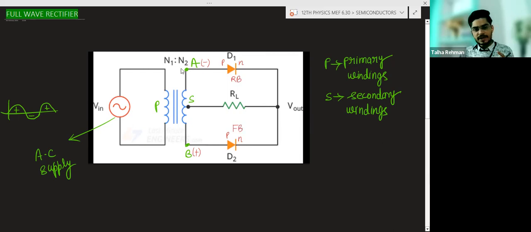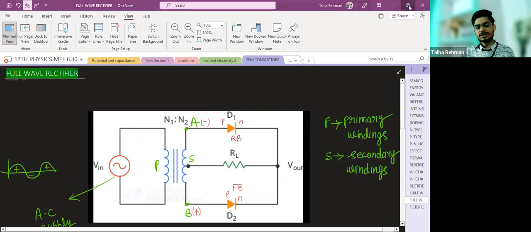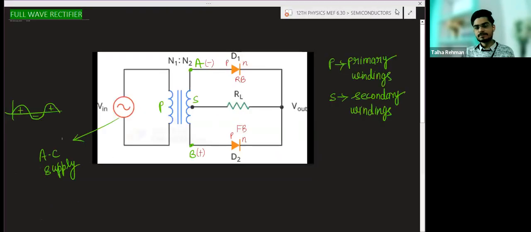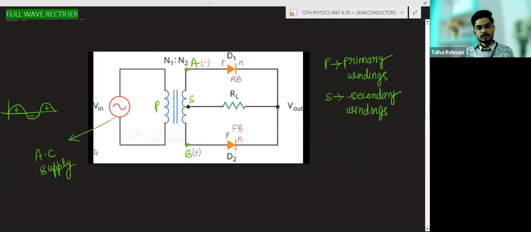If this is reverse biased, no current will flow through it, but this one is forward biased, so the current will flow through this diode and reach the load resistance. Again, we will get the output. So for both the positive half cycle and the negative half cycle, we will get the output.